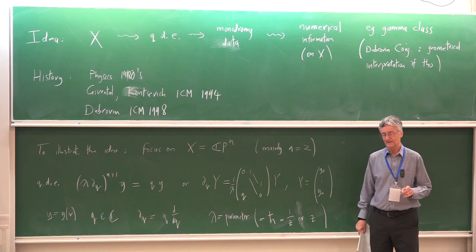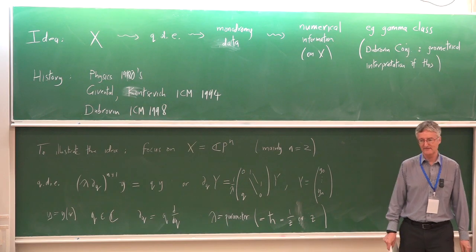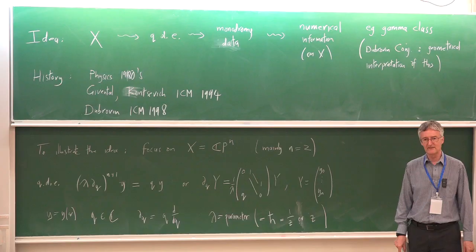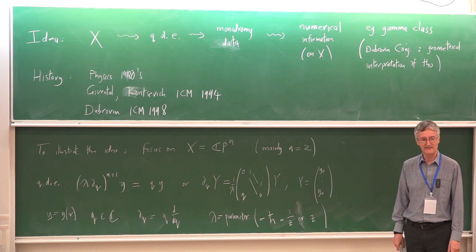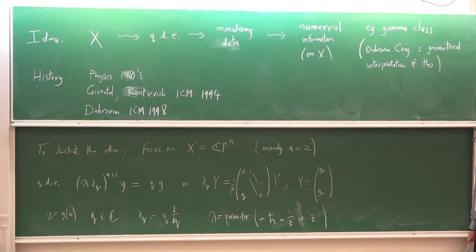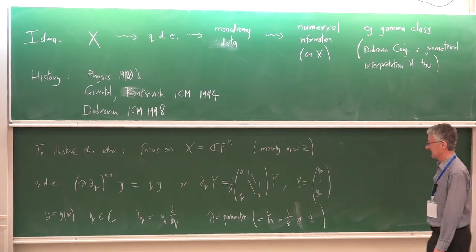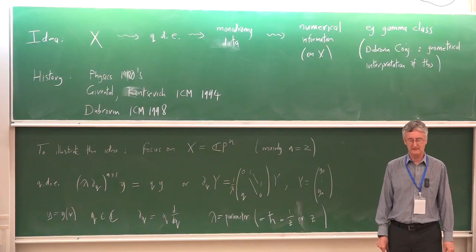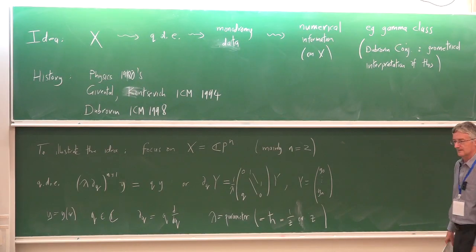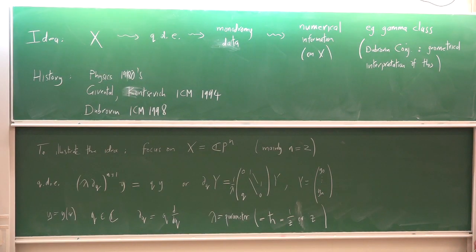Yeah, of course people use different choices. It's very annoying, so I'm going to try to be very consistent in this lecture. Please feel free to improve the notation. But I would like to use Q as a variable for the quantum differential equation. However, I'm going to fix lambda to be 1.